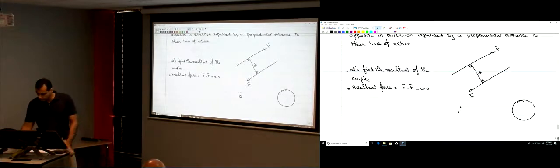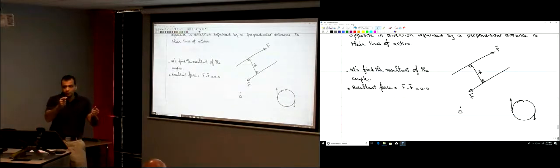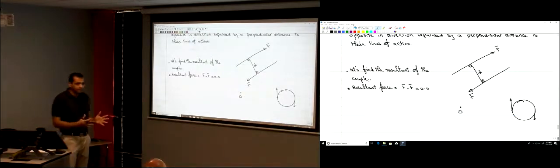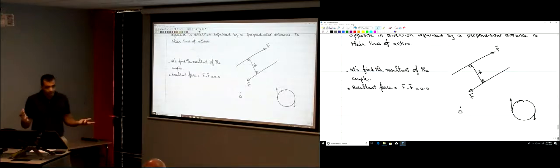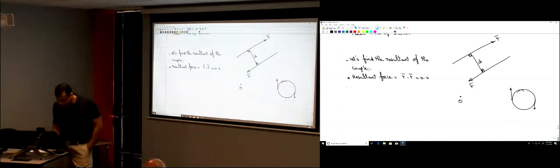When you're driving, you apply a couple. You apply two forces equal in magnitude and opposite in direction. You definitely don't move the wheel from its location, but you're rotating it, okay? Applying a couple will be able to rotate the wheel, okay? So now, let's see the resultant moment.